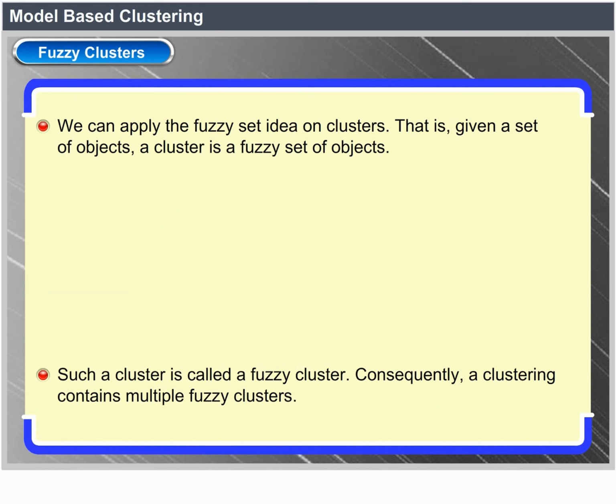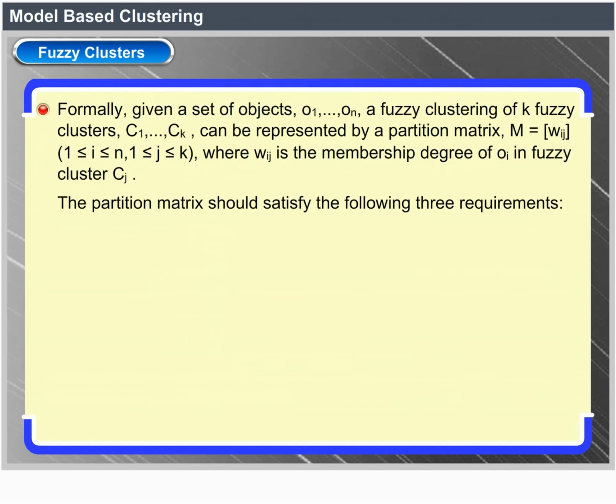Formally, given a set of objects O1 through On, a fuzzy clustering of k fuzzy clusters, C1 through Ck, can be represented using a partition matrix M equals [wij], for i between 1 and n and j between 1 and k, where wij is the membership degree of Oi in fuzzy cluster Cj.